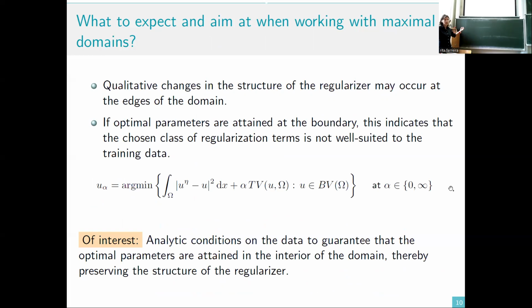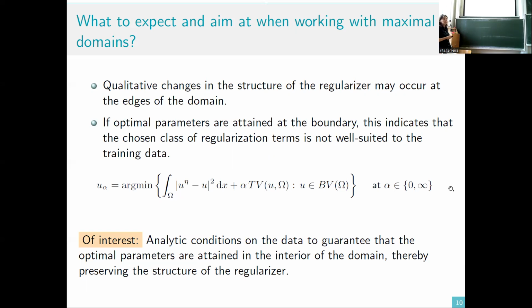At the borders, the regularizers may degenerate or look completely different. You can see here in the TV, if you take alpha equal to 0, you are not regularizing at all. If you take alpha too big, you are over-regularizing. So at the border, at alpha infinity, something does happen at the edges.